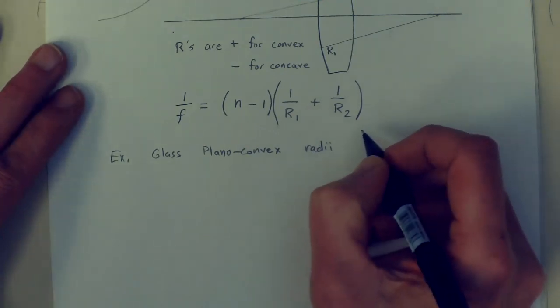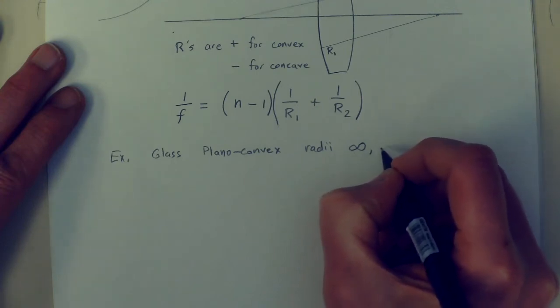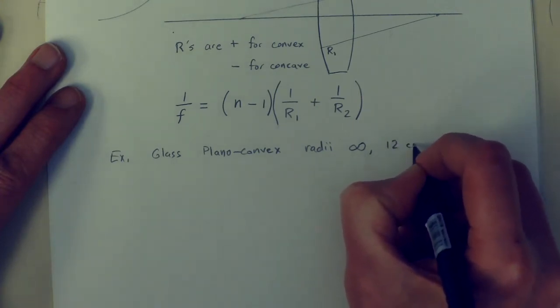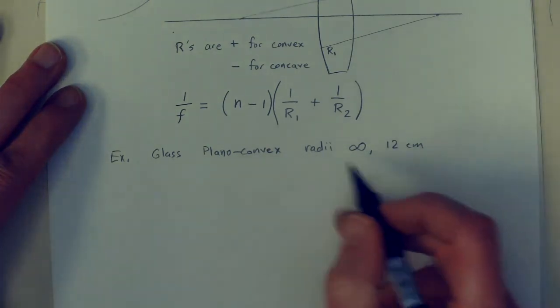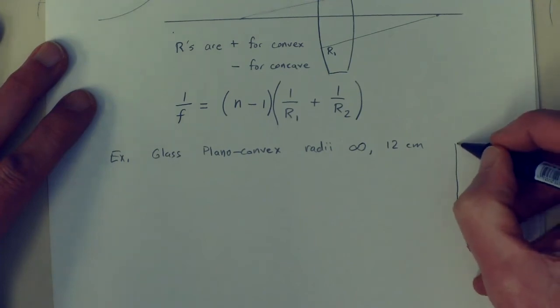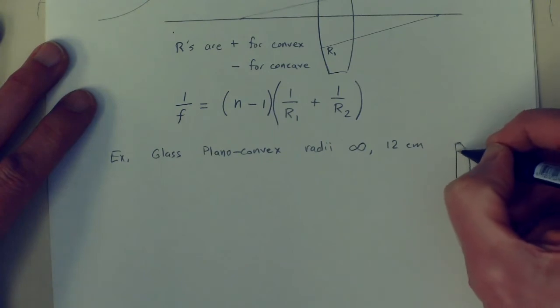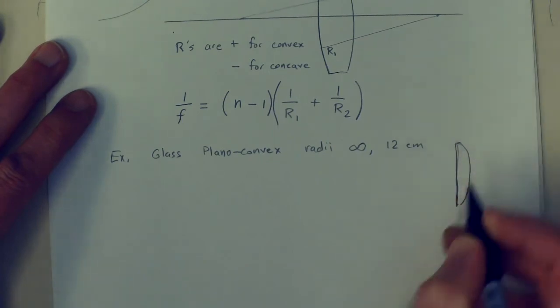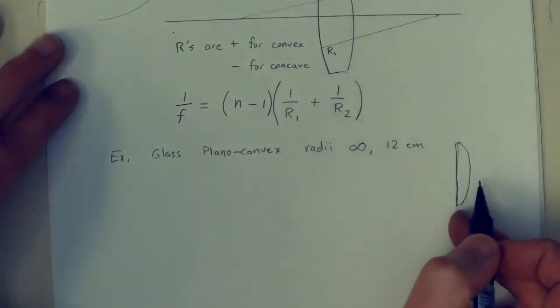The one side, the plano side, would be an infinite radius, and the other side is 12 centimeters. So a plano convex lens, that means that it's got a plane side and a convex side, like this. And so the plano side, the radius of that would be infinity, and the other side, 12 centimeters.